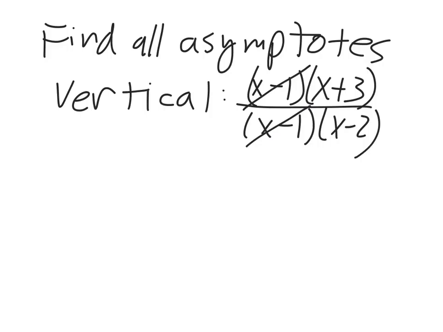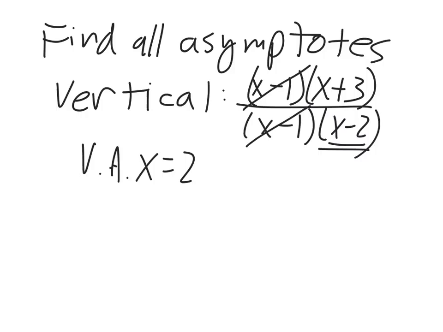At x equals 1, we would actually end up with a hole in the graph, like one of the last worksheets we looked at. The vertical asymptote here would only be x equals 2, because that's the place where the denominator would be 0 after we simplified it.